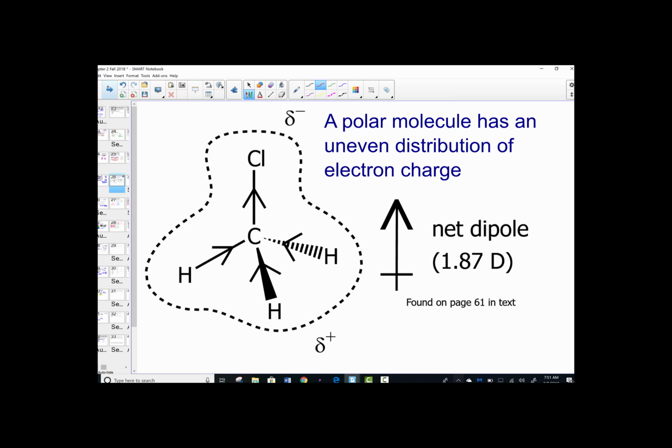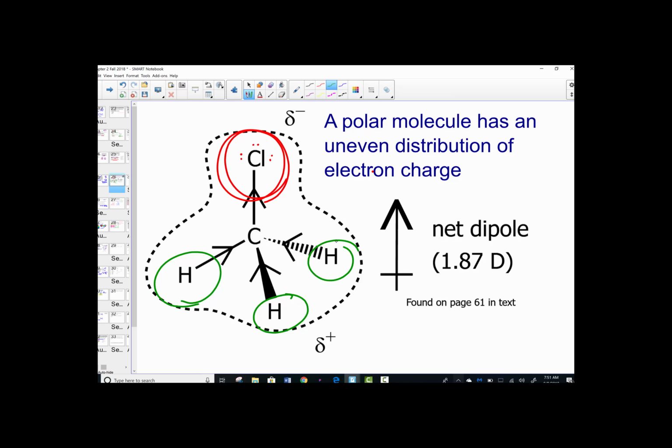So let me give you an example. On page 61 of your text, you're given a picture where it shows us chloromethane. See the carbon, the hydrogens coming off, and then the electrons being pulled to the very electronegative element of chlorine. So in a picture, this region would be highly red, more electronegative, and these regions would be kind of in the blue-green range of electron distribution.